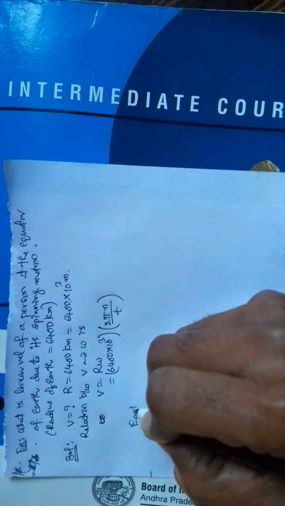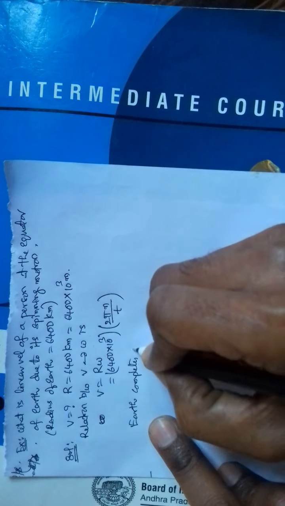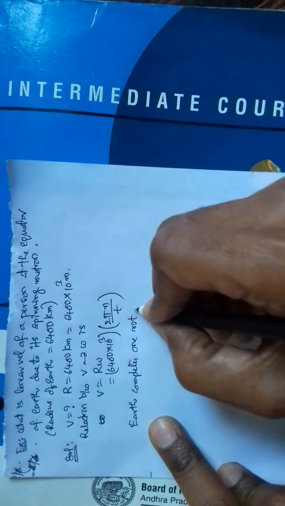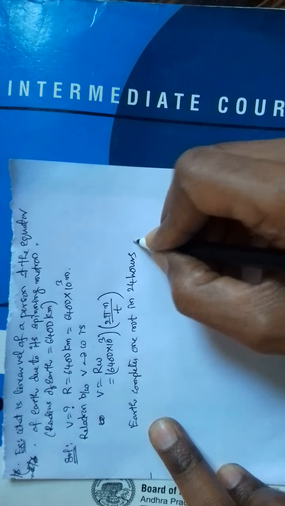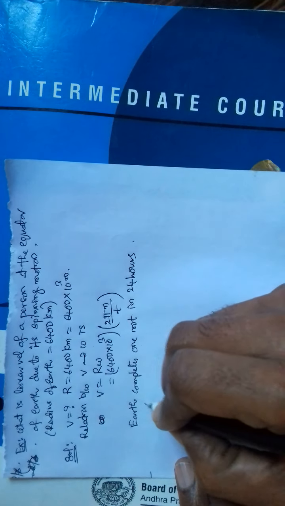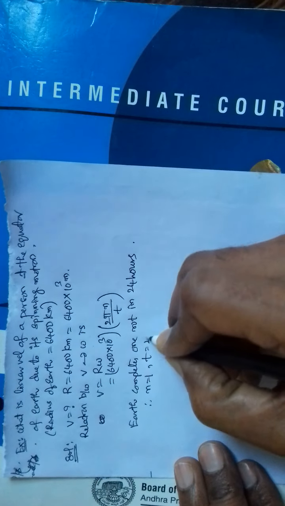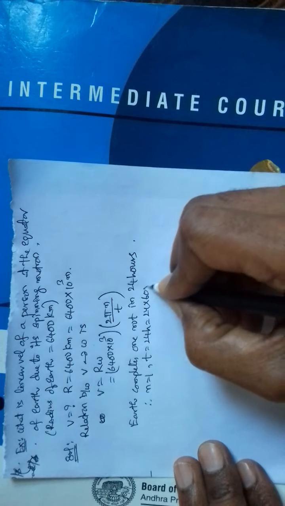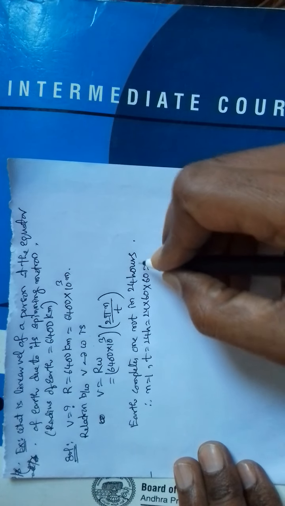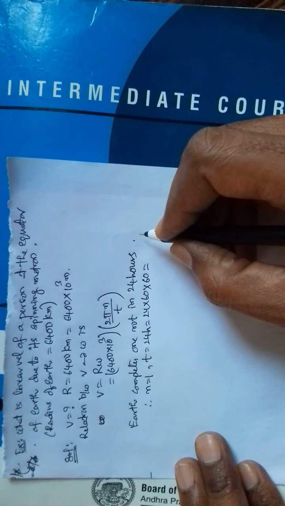See, Earth completes one rotation in 24 hours. Therefore, n is equal to 1 and t is equal to 24 hours. 24 hours means 1 hour 60 minutes, 1 minute 60 seconds. So that we get, how much we get here?